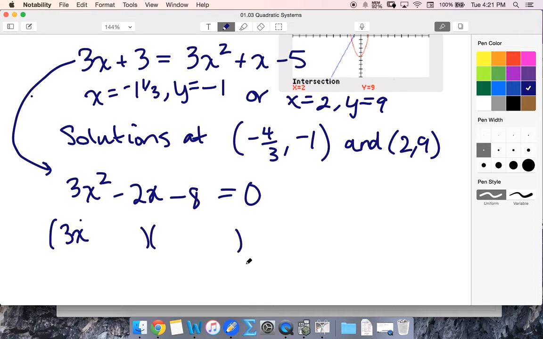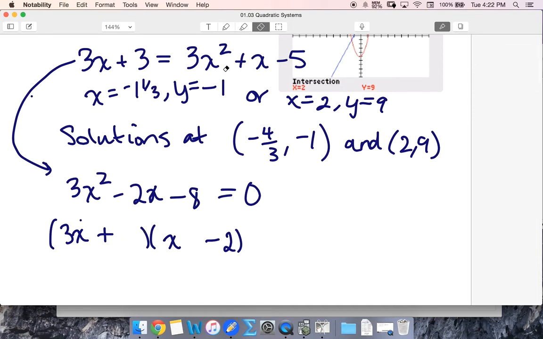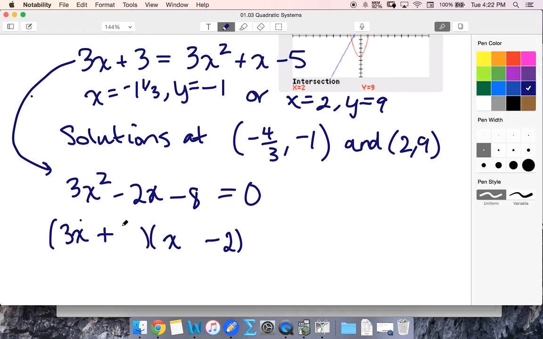So we're going to end up with, let's see, I think we're going to need 6 and 4. So 3 times -2 would make -6 plus 4, equals 0. So that means 3x plus 4 is 0, or x minus 2 is 0.